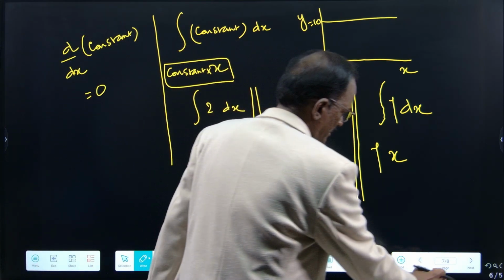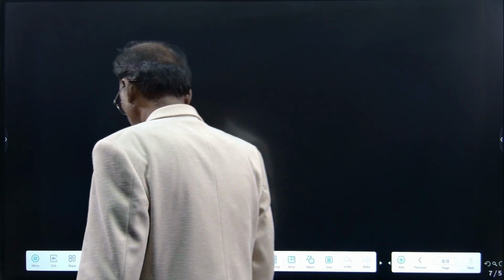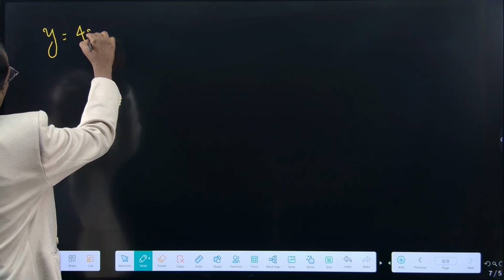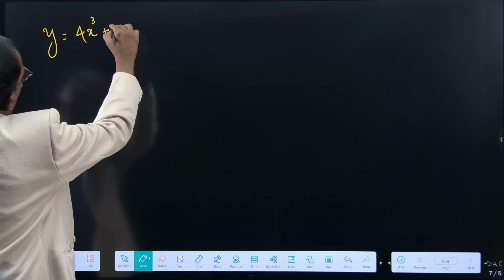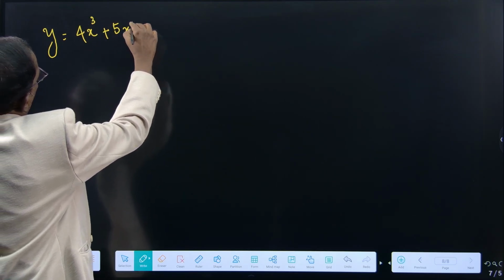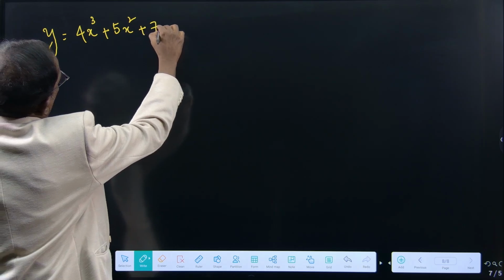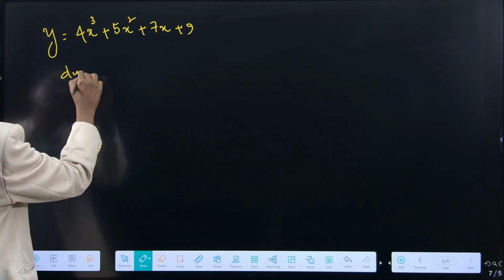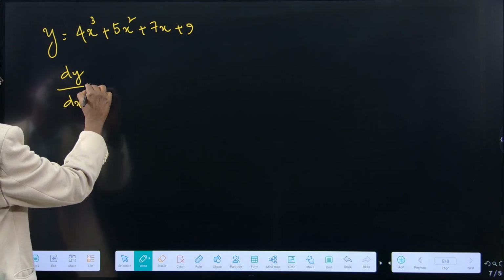Let us take one example. Say y is equal to 4x cube plus 5x square plus 7x plus 9. Let us find dy by dx for it.